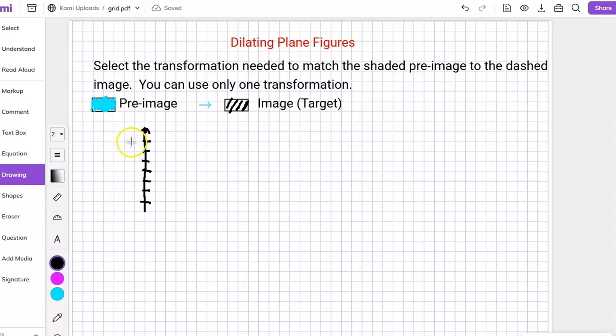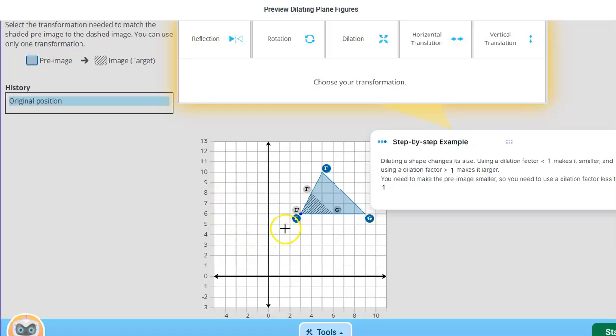And this was 11, 10, 9, 8, 7, 6, 5, and then I'm going to come across here, and I need, let's see, what do we need? We need 1, 2, 3, 4, 5, 6, 7, 8, 9. So we need to go to 9, so I'm going to go to 10.